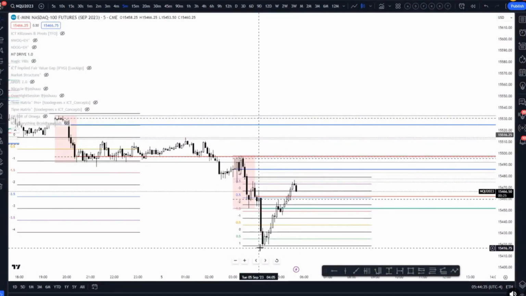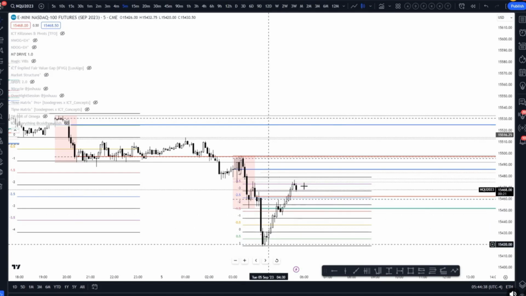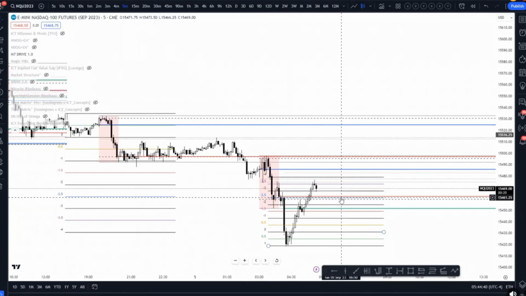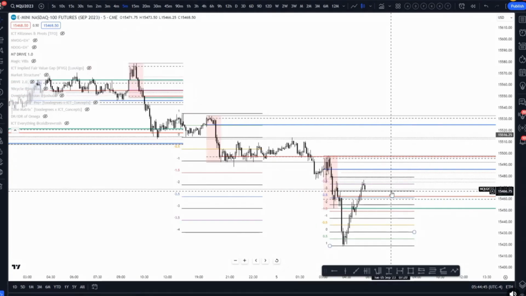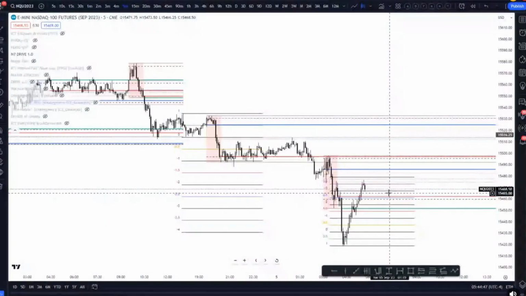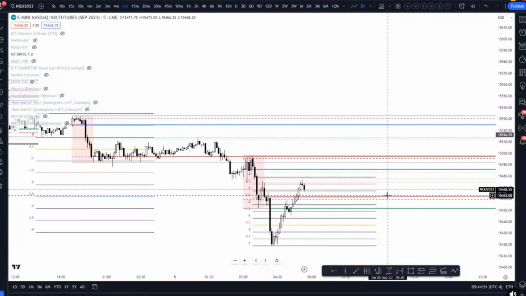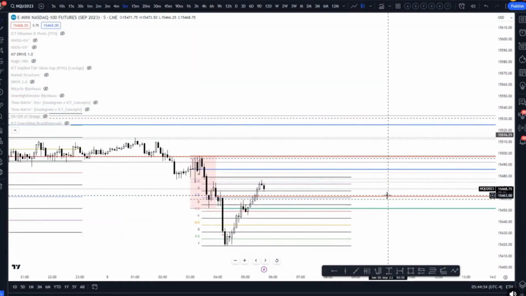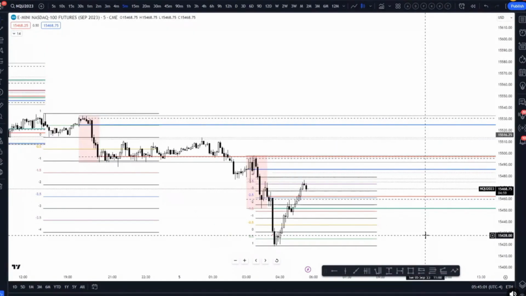So looking at fib levels, structure, narrative, high time frame narrative, levels, DR levels, historical data, these are all extremely powerful, and it makes life as a trader a lot simpler.